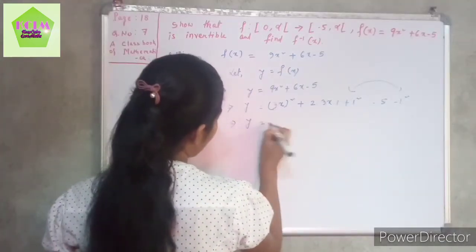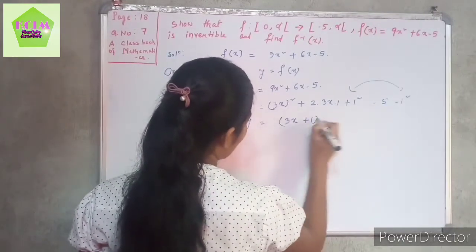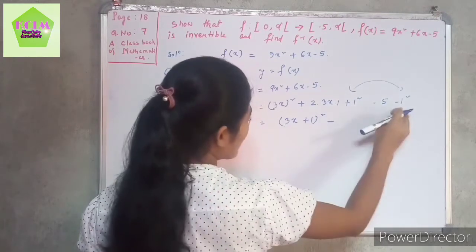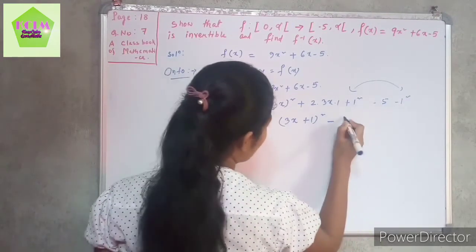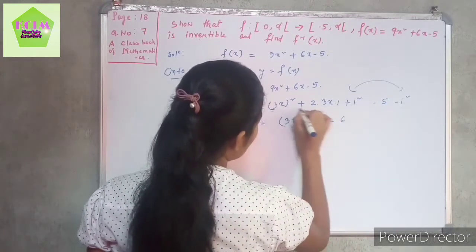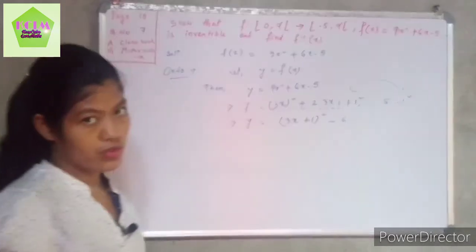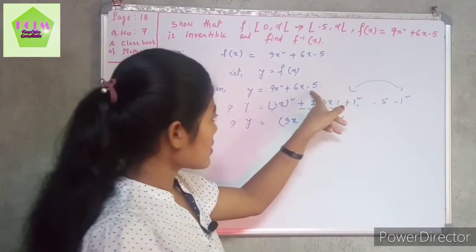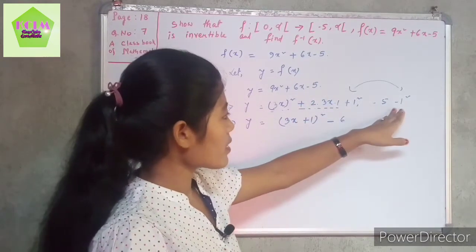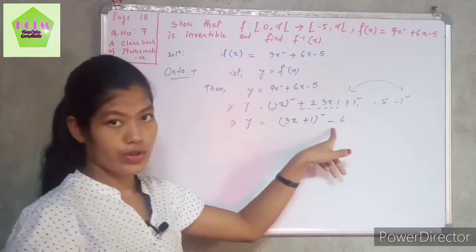So y equals (3x plus 1) whole square minus 1 square means 1, minus 5 minus 1 means minus 6. Up to this is (3x plus 1) whole square, but since I have already minus 5 and we have included minus 1 square, so the extra minus 6 will be here.